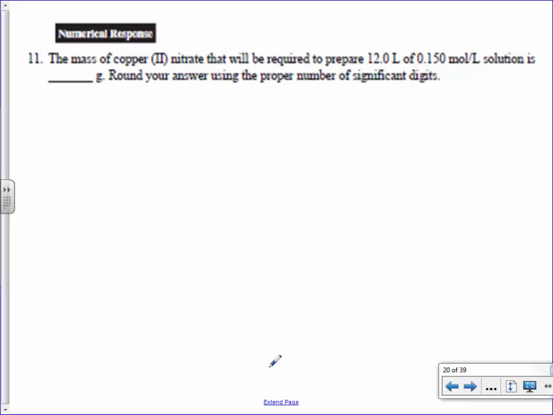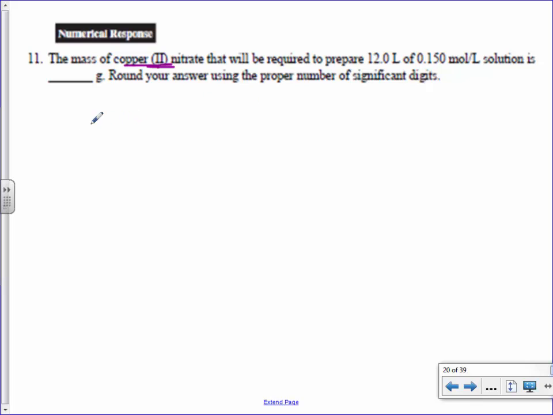Because here is another math question, and it's not quite as straightforward. There's a few more steps here. First, it talks about copper 2 nitrate. So before we do anything, it's probably likely that we need to know what copper 2 nitrate is. This is why we spent 2 full weeks doing Science 10 review, because if you can't figure out what copper 2 nitrate is, you're going to script the question.